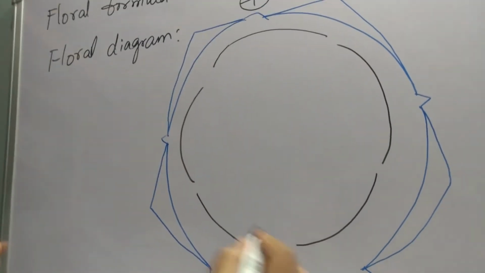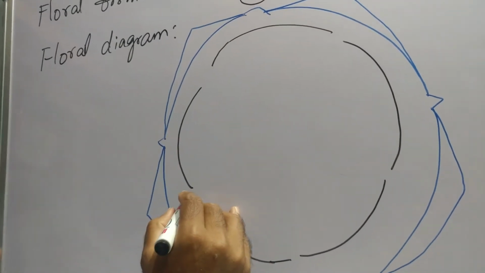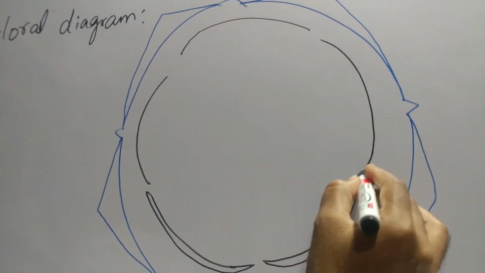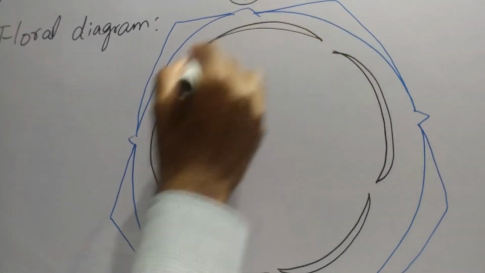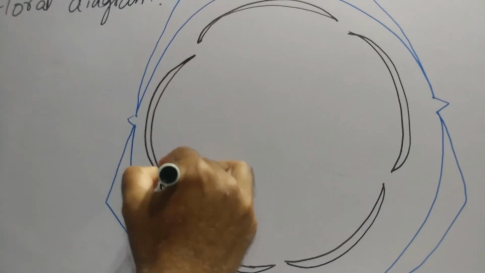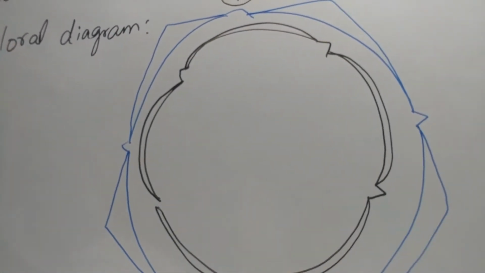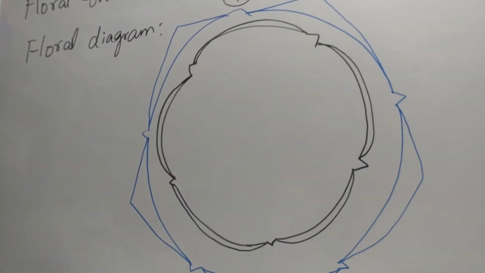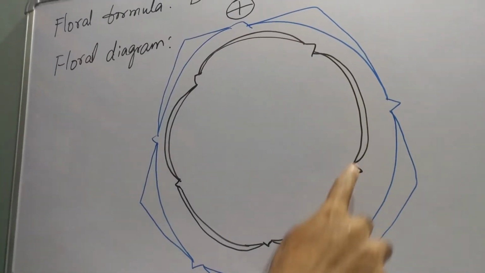Their arrangement is somewhat different. The odd petal is on this side. The 5 petals are arranged closely and fused together, so called gamopetalous. So again pentamerous, as well as valvate aestivation.